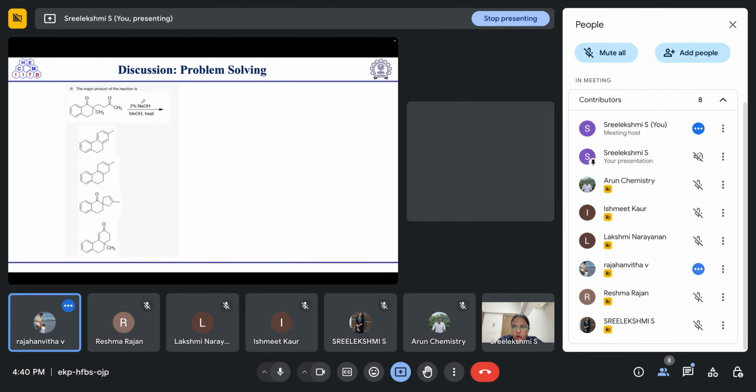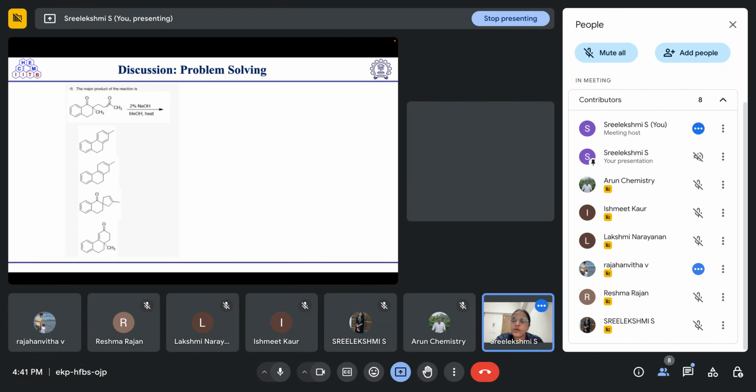Option D, yes, and the reaction is the intramolecular aldol condensation. Here, proton is removed from the methyl group. Why? Because it is a more stable carbanion and more acidic.